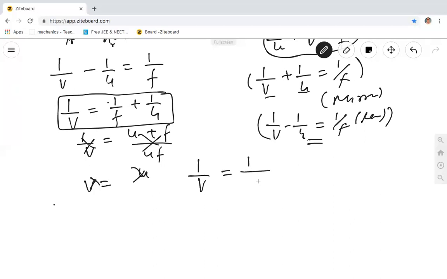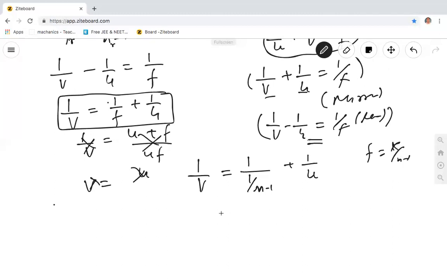What is 1 by f? It is n minus 1 by k, plus 1 by u. Is that right? Because don't you know f is equal to k by n minus 1?